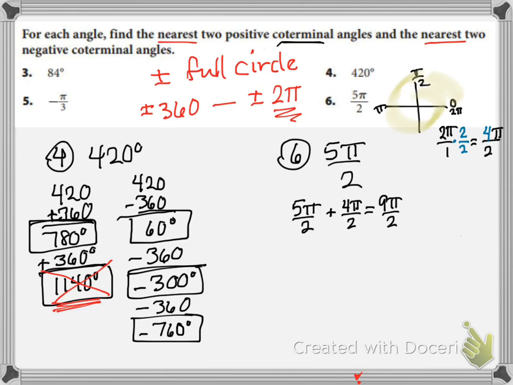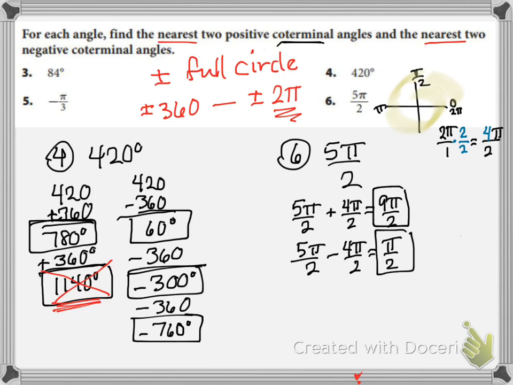It's really already more than a full circle. So I think that I could go back and say I already have a big enough positive. If I try and take my 5 pi over 2 and subtract 4 pi over 2, I will have another positive.